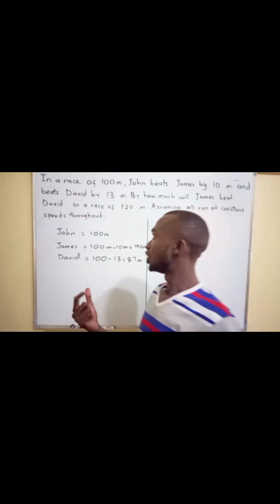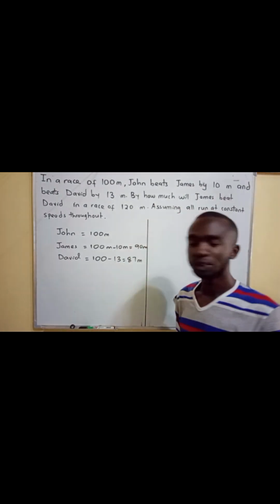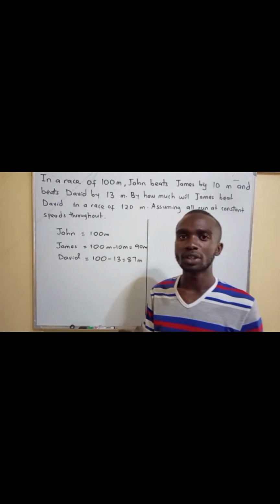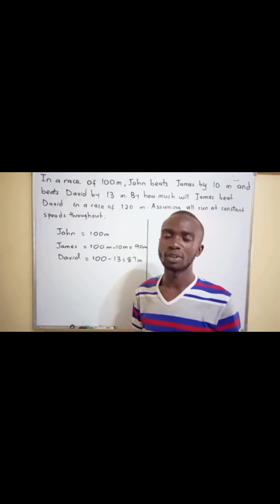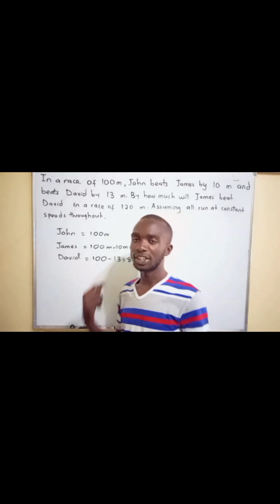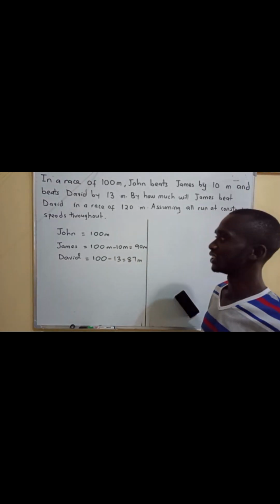John, James, and David are covering the given distance at the same time interval. At the same time means that they're all spending the same time to cover the given distance.